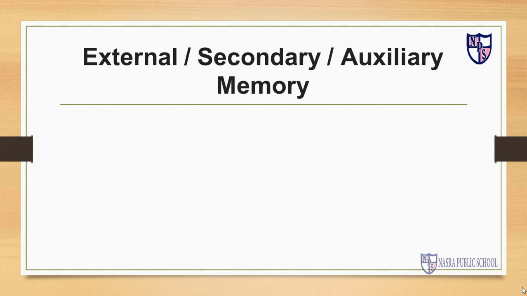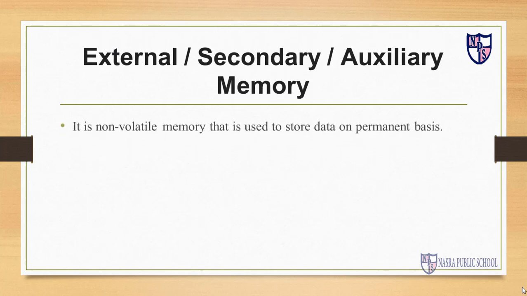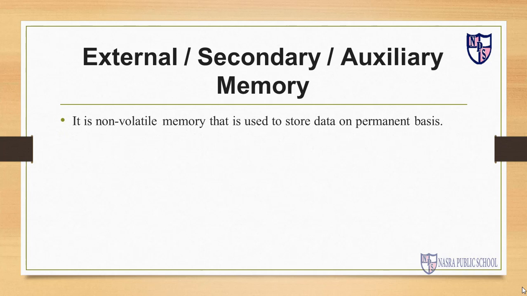Now the next is secondary or external memory. It is non-volatile memory that is used to store data on a permanent basis. It is a slower and cheaper form of memory.